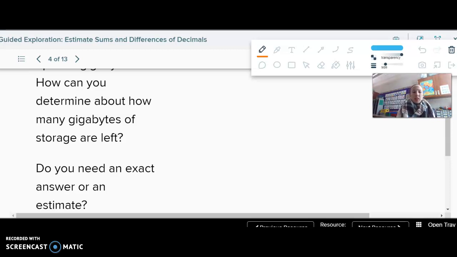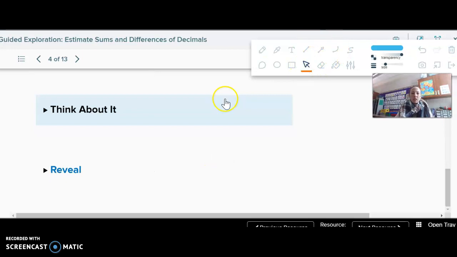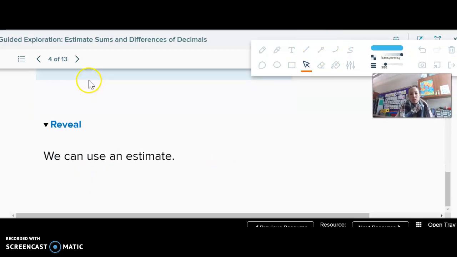So sometimes we need an exact answer, is that first blank, and sometimes we can estimate, is the second one. Sometimes I don't need to know exactly something. I can just say, well, it's about this much. So sometimes we need an exact answer, sometimes we can estimate. So in this case, we can just use an estimate.